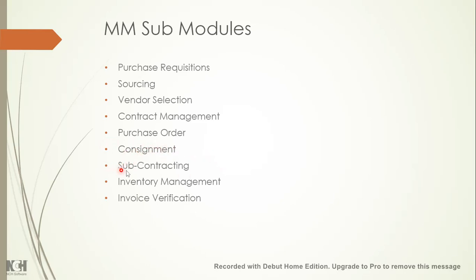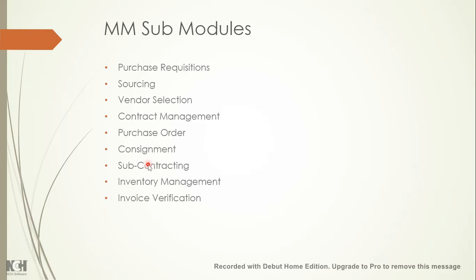In case of subcontracting, it's a bit different. Say you are a manufacturing entity and you want to send some processes to be completed by a third party vendor because you don't have enough capacity or you don't have the expertise.